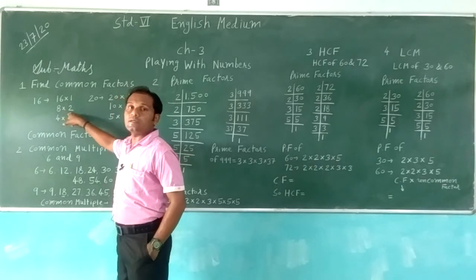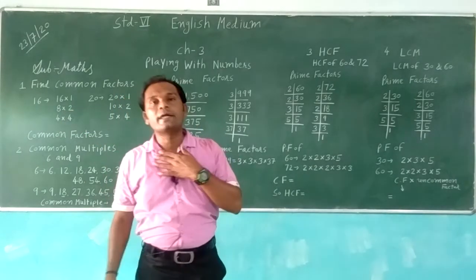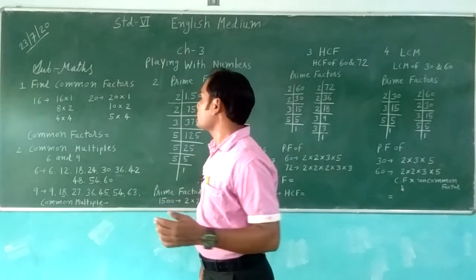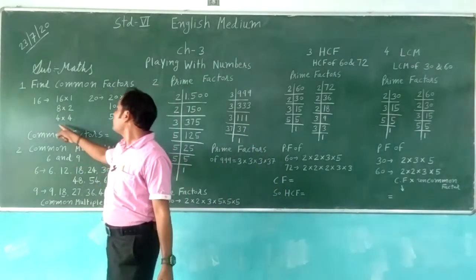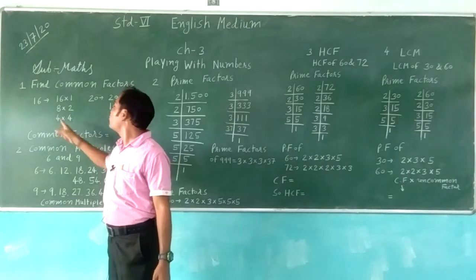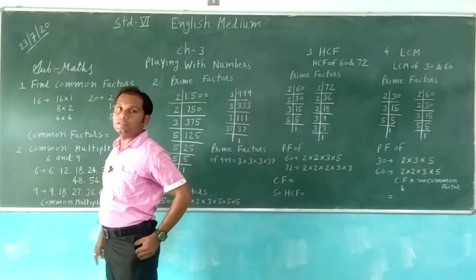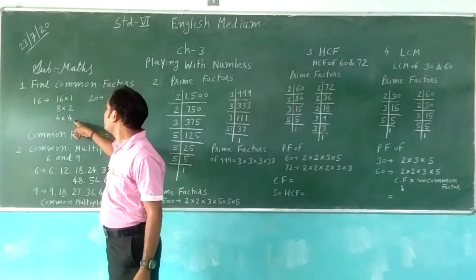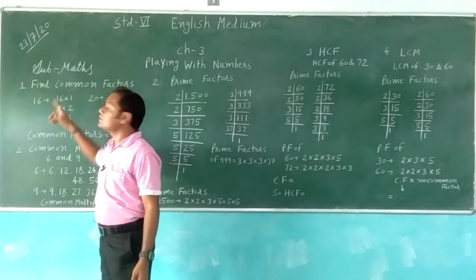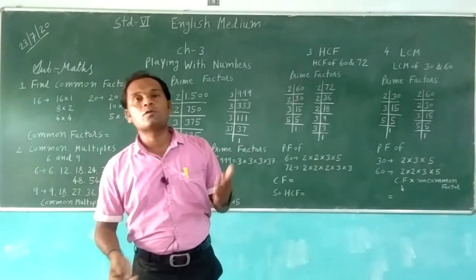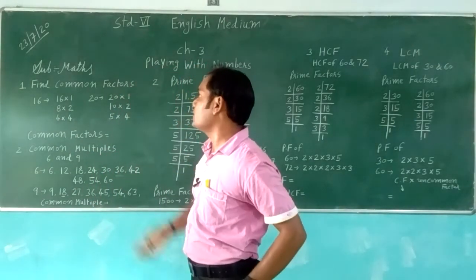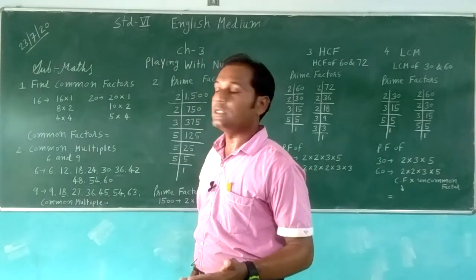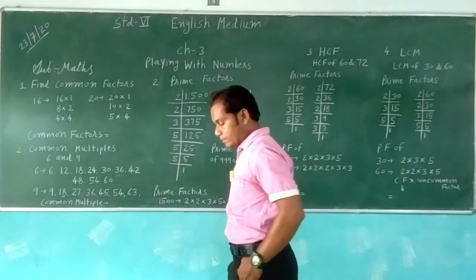Then 8 twos are 16, so 8 and 2 are written. Then in the 4 table we get 16, so 4 fours are 16. So we got the factors 1, 2, 4, 8, 16. These are the factors of 16. In another table we do not get 16.